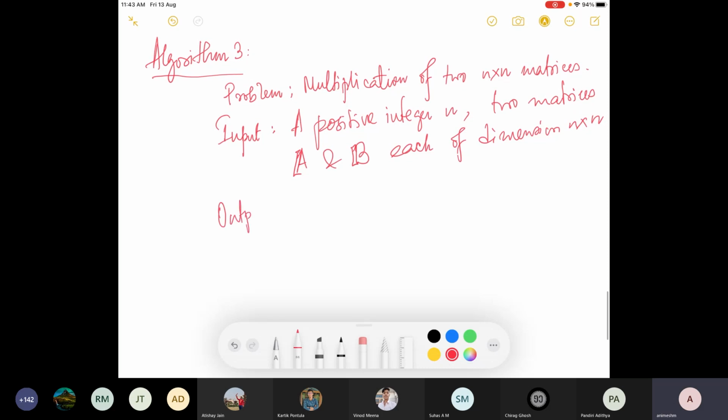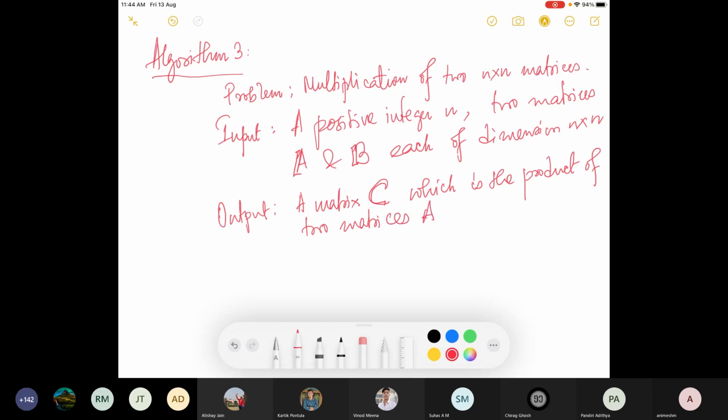And the output. So this is my problem statement.